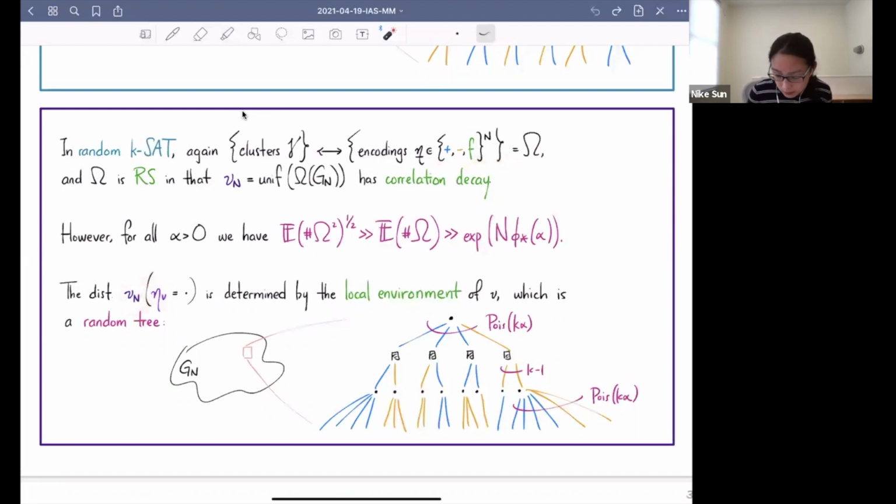So the degree at the first level is a Poisson random variable. Then each clause has degree D, and then the variables again have Poisson degrees at the next level. So different variables have different environments, so different variables will have different distributions.